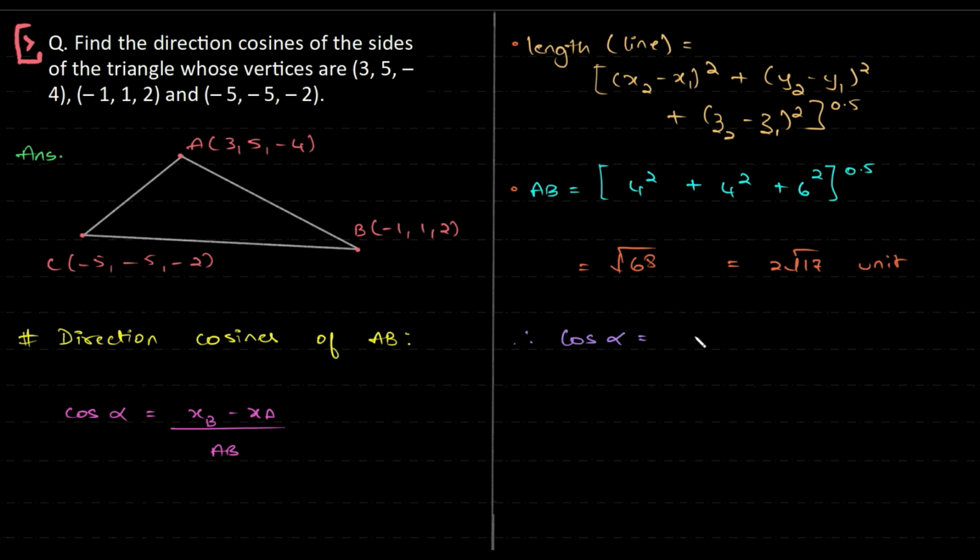Therefore cos alpha will be equal to, here we have to go with a particular order. Since we're talking about AB, B is the destination. So -4 by 2 root 17, which is -2 by root 17.